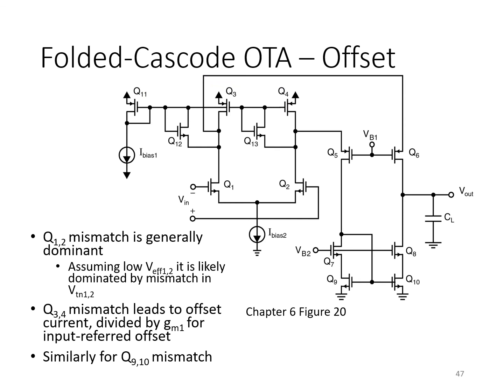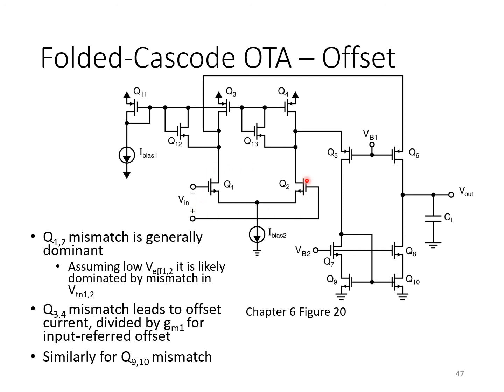So again, looking at our folded cascode op amp, because any offset that arises at Q1 and Q2 is essentially occurring right at the input, its mismatch between these two transistors is quite often dominant. If you think about mismatch that may arise between other transistors, such as Q3, Q4, Q5, Q6, these current mirror transistors down here, their impact arises closer to the output, and therefore when we think about their impact on the input referred offset, we have to divide by the GM of Q1 and Q2.